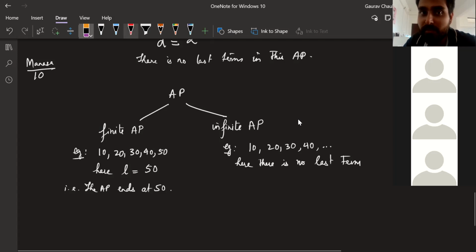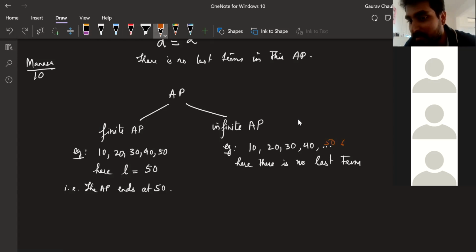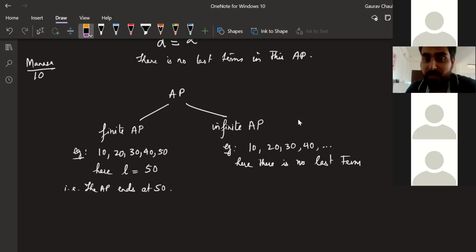It will keep on going: there will be 50, 60, 70, 80, 90, 100, 110, 120, 130, 140. It's not going to stop. That's what the dot, dot, dot symbolizes. It is going to continue till infinity. That is, the AP has no ending.